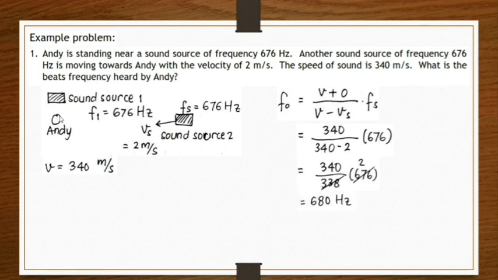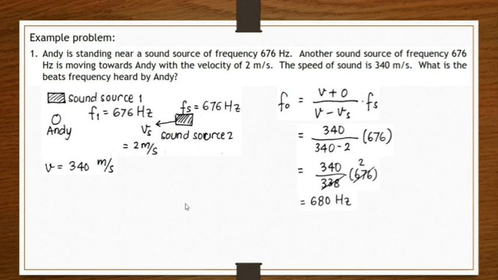Andy is standing there. He is hearing sound source 1 with a frequency of 676 Hertz. And he is also hearing the sound from the source that is moving towards him, so that he hears two frequencies. The one with 676 Hertz and the other one with 680 Hertz.